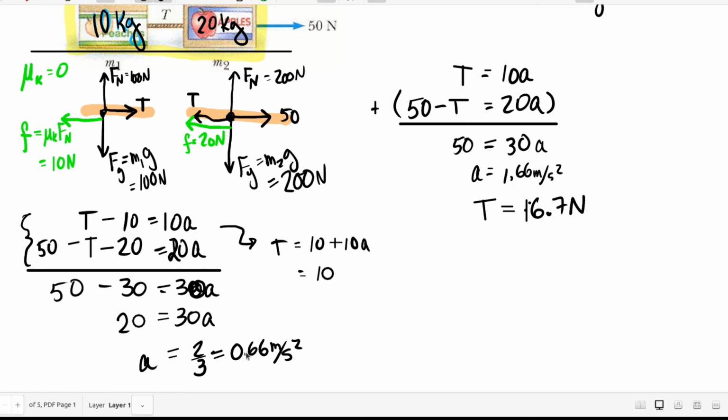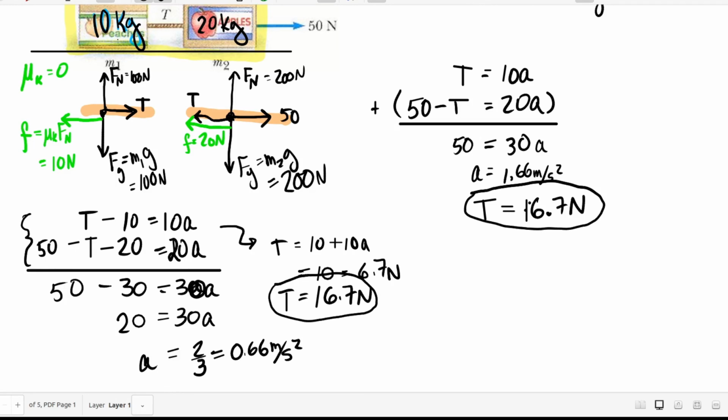So that's 10 plus 10 times 0.66 is 16.7. We know that there's a repeating 6 here, just looking at rounding that to 2 digits. So the tension here is 16.7 newtons. So we have a reduced acceleration, but in both cases the same tension.